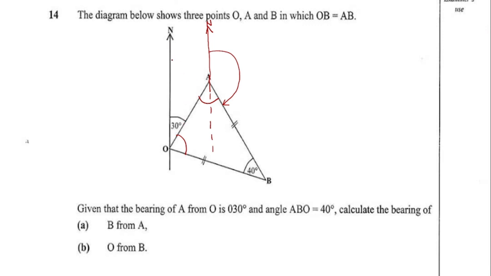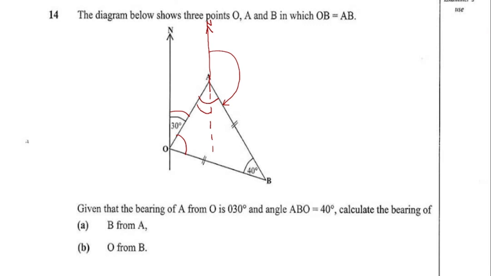Remember what you learned in grade 9, if you can remember, that when two lines are parallel, you discover that the angle here and the angle here, the angle there and the angle there, they are going to be the same. So meaning that is a 30 there.